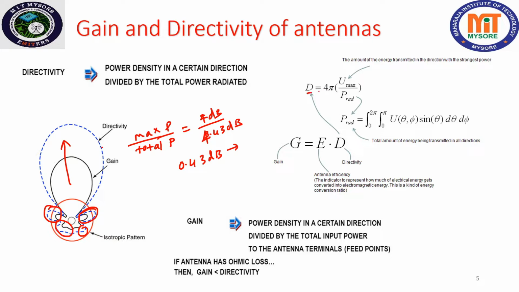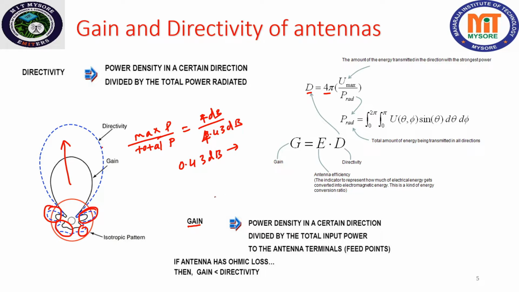As you can see, D is equal to 4 pi, this is the solid angle, multiplied by the maximum radiation intensity U max, divided by the power radiated. Okay, now coming to the gain. What is gain? Gain is the ratio of power density in a certain direction to the total input power to the antenna terminals.